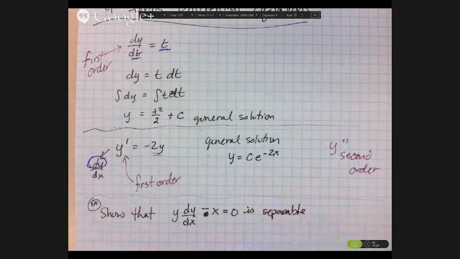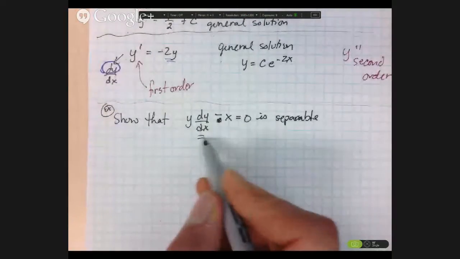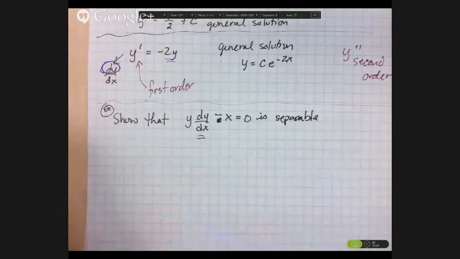We're going to show that that first order differential is separable. y dy dx minus x equals 0.